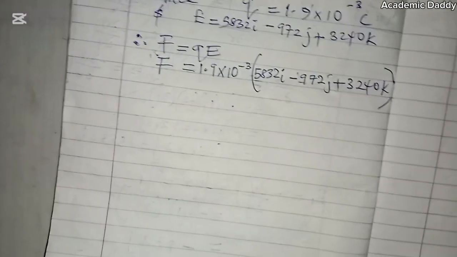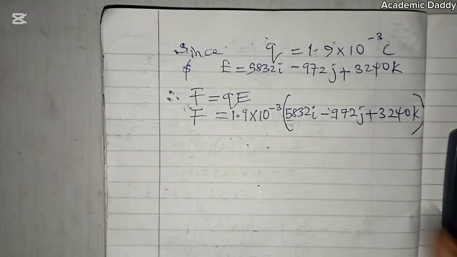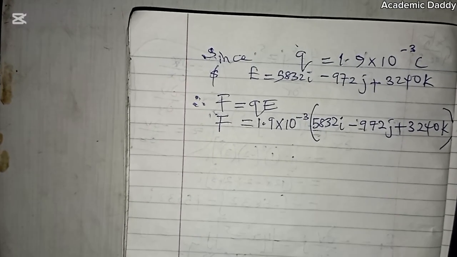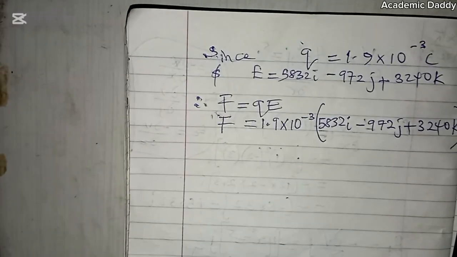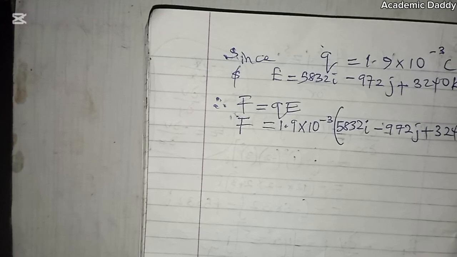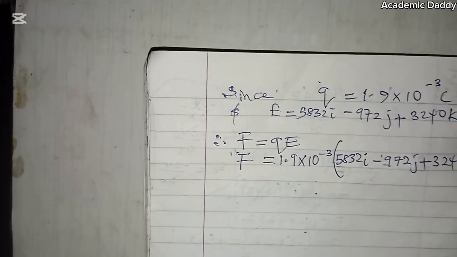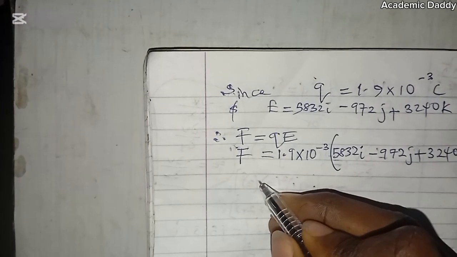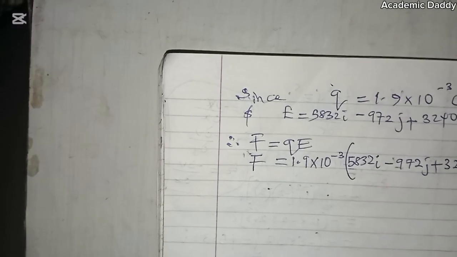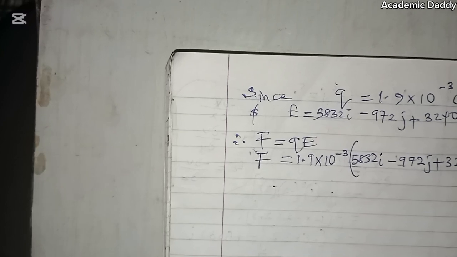If we do that, you now see that you can never add this when the signs are not the same. Remember, it's first semester work. So I now have 1.9 times 10 raised to the power minus 3 times 5832.